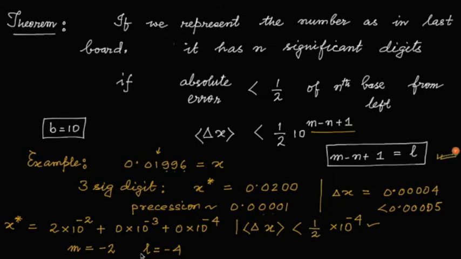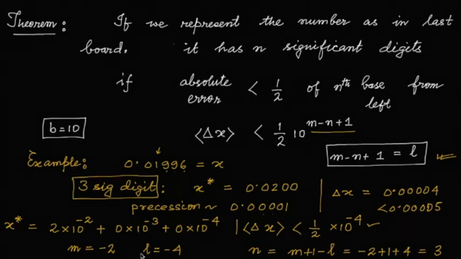So n is equal to m plus 1 minus L, which is minus 2 plus 1 plus 4 equals 3. So that is the number of significant digits we had. This theorem, I did not prove it, but this example shows that the theorem works.